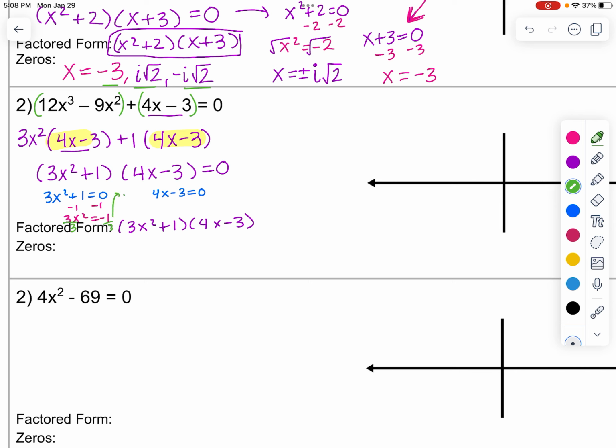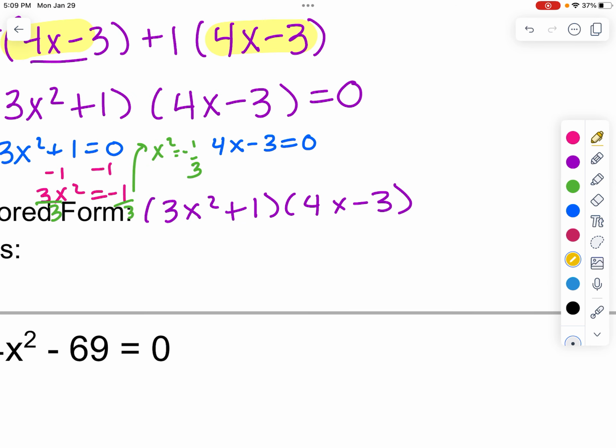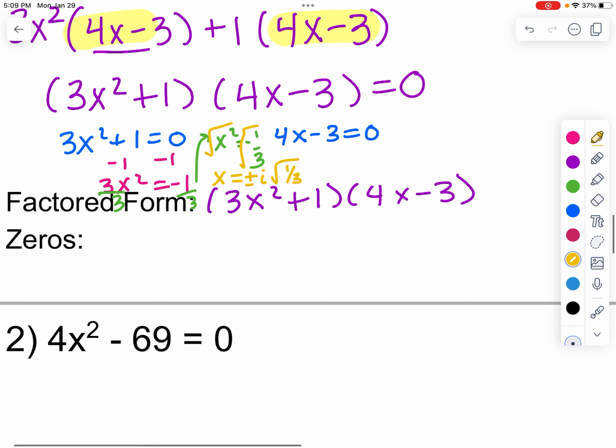I'll go up here. x squared equals negative 1/3. And finally, I'm going to square root both sides. And we get x equals plus or minus i radical 1/3. So that's our first one. We've got i radical 1/3 and negative i radical 1/3.